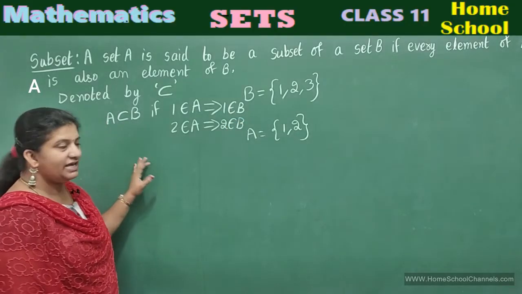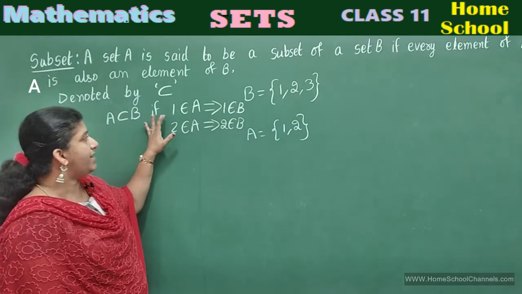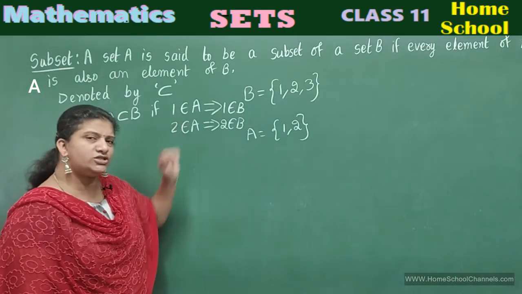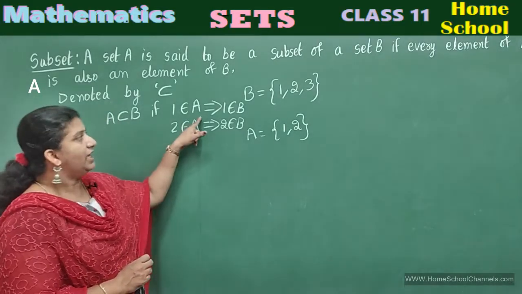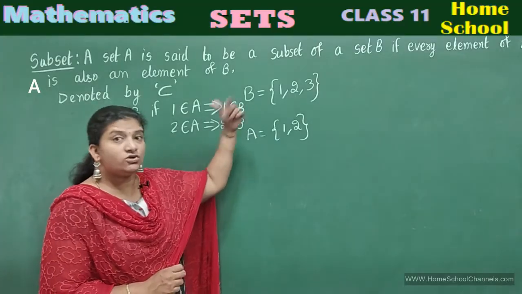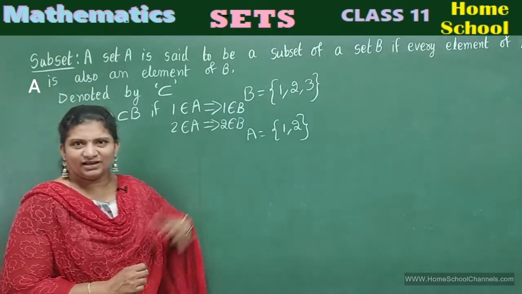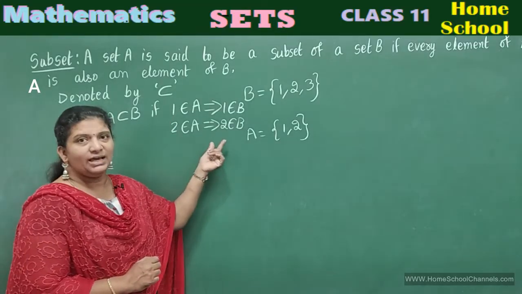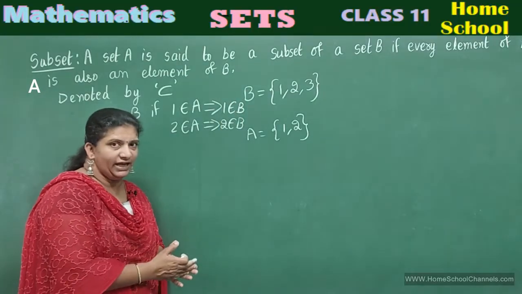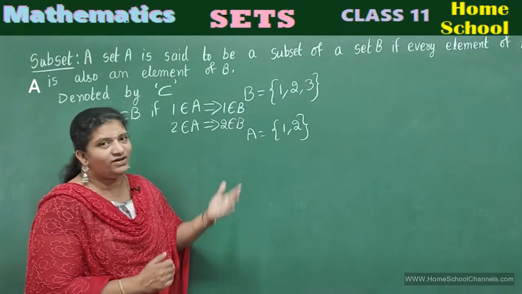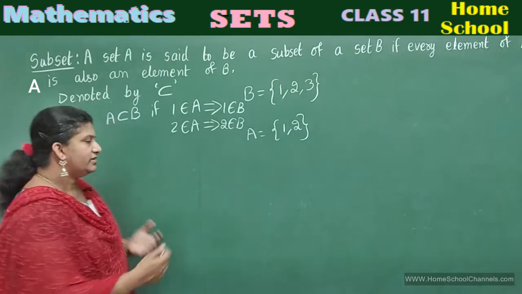How can you read this? If A is a subset of B, if 1 belongs to A, 1 belongs to A means 1 is an element of set A, right? Implies 1 is also an element of set B, right? If you want, you can write with another element also. 2 belongs to A implies 2 belongs to B. Okay, 2 is an element of set A and it is also an element of set B. Like this you can say any subset.